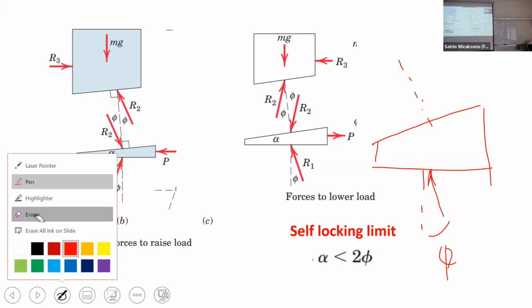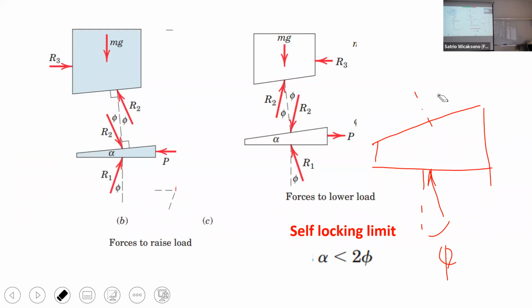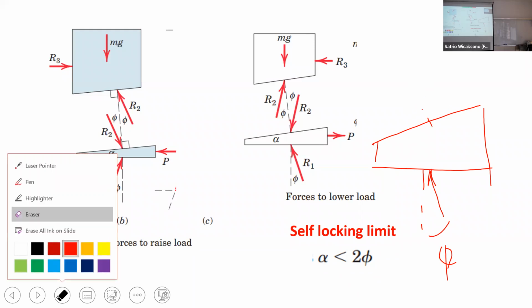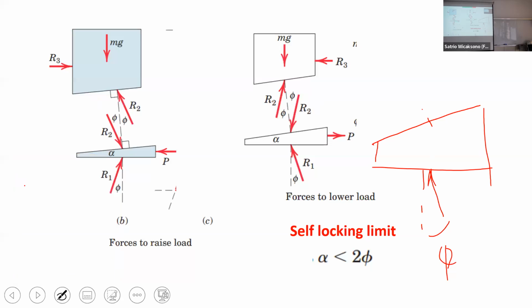Gambarnya kurang pas. Ini kondisi batasnya.